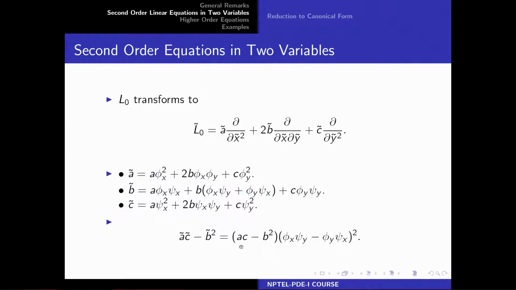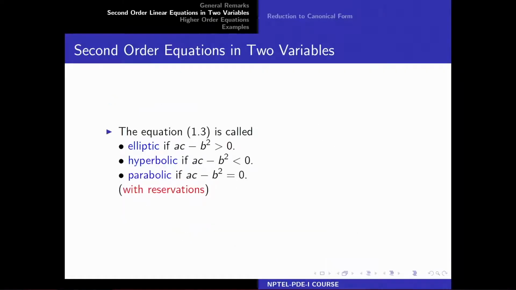So, if it is definite in x, y variables, it is also definite in x tilde, y tilde variables. That is an important observation. So, the type does not change under a non-singular change of variables. Non-singularity is used here. So, this is non-zero, and you are multiplying only by a positive quantity. So, the type does not change, that is very important.